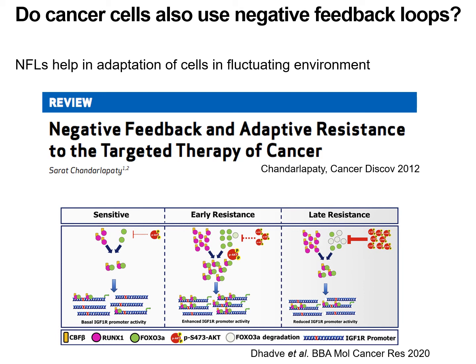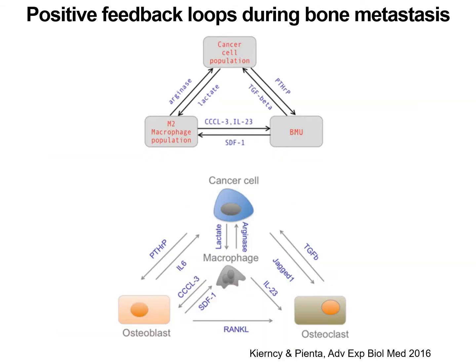And once they have established that particular mechanism, that feedback loop is no longer very frequently used. So the dynamics of the evolution of resistance also involves these different negative feedback loops across different cancers and possibly across different drugs as well.